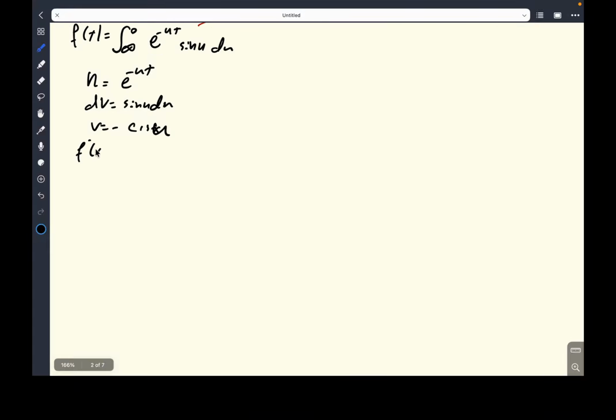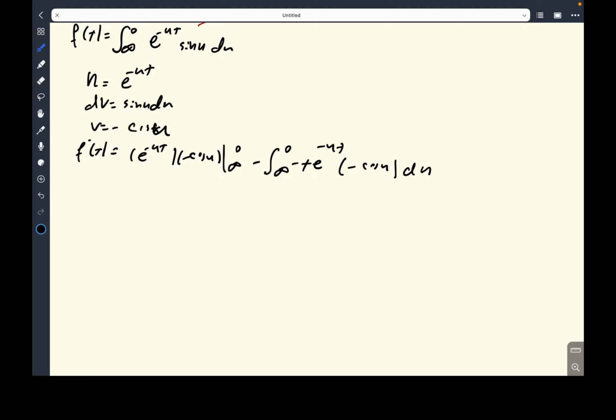Now if I substitute back the whole thing, I'm going to get e to the negative ut times negative cosine u from infinity to 0, minus the integral from infinity to 0 of negative t e to the negative ut times negative cosine u du.